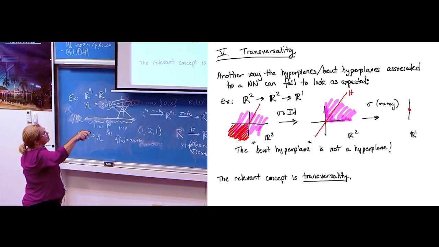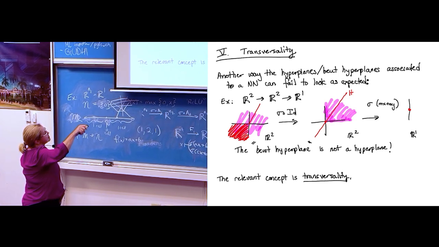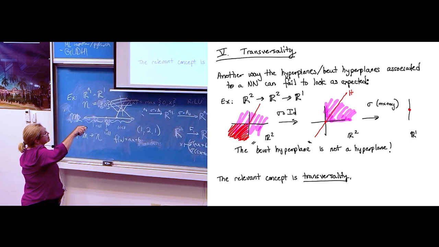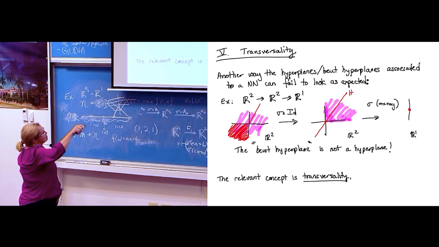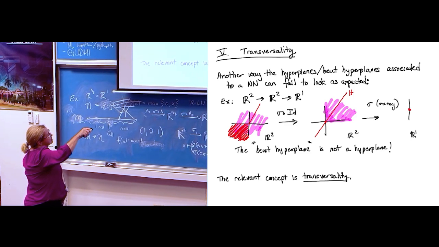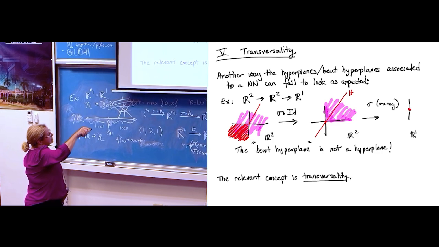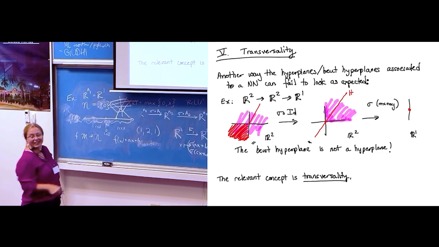So here's my hyperplane where mx plus ny equals 0. On one side of this I'll have positive numbers, on the other side negative numbers. And then the ReLU will just make all the negative numbers 0. So this purple will get sent to a ray, half of the line.